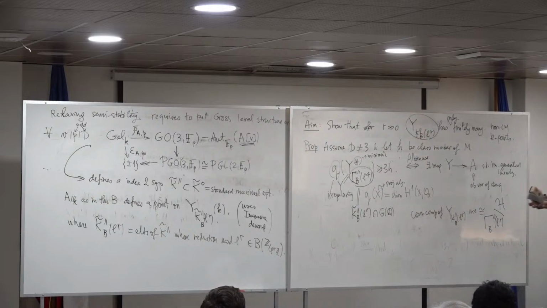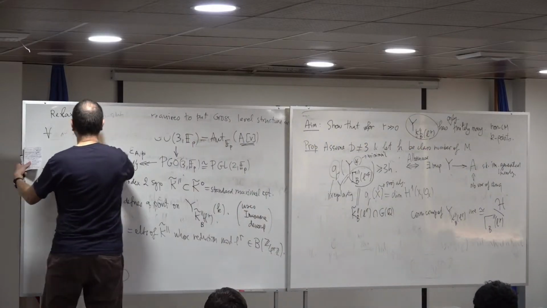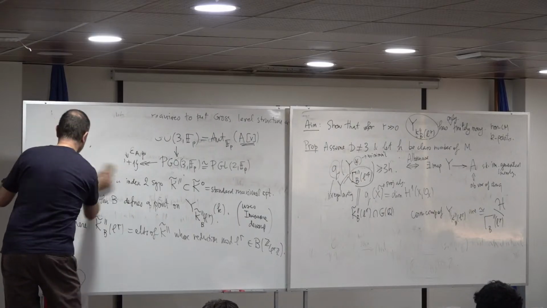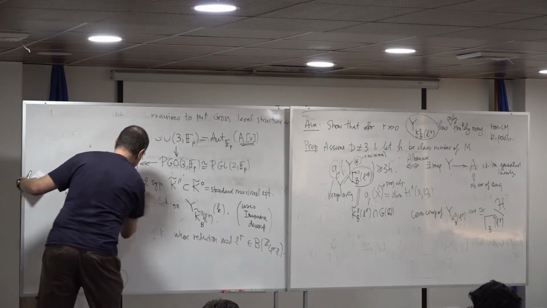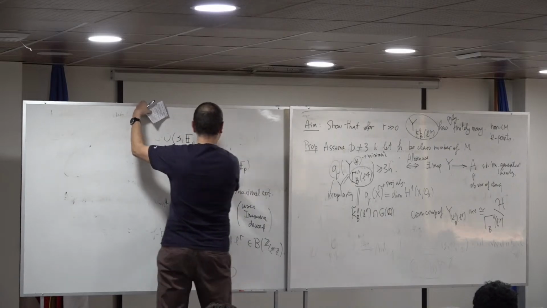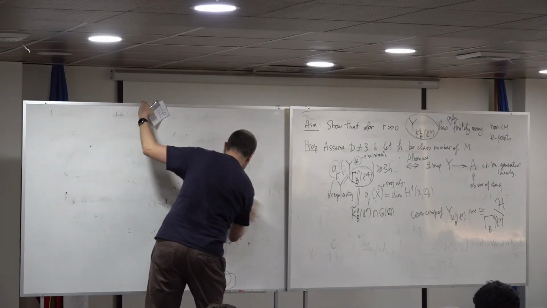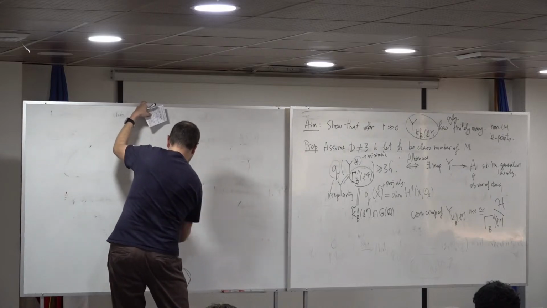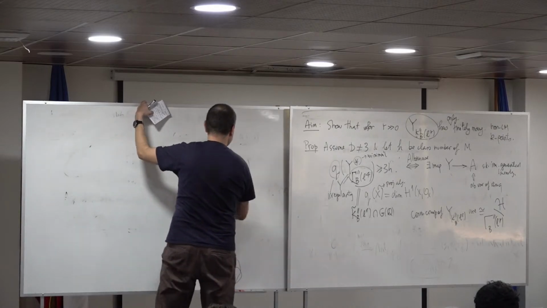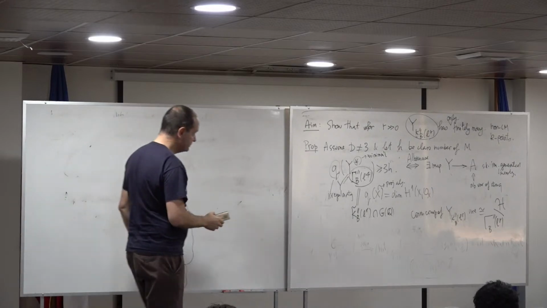Okay, so once we have this map to an abelian variety, let me see how the theorem can be deduced from such a proposition.